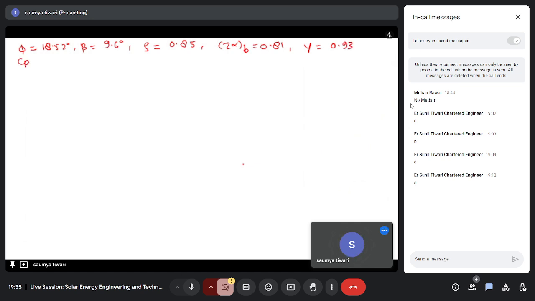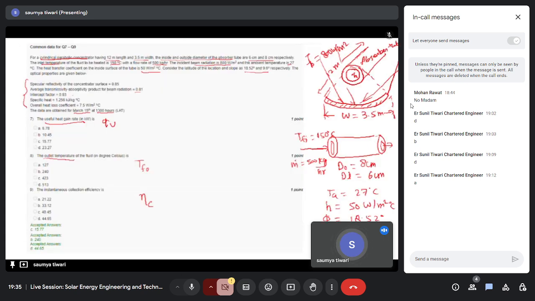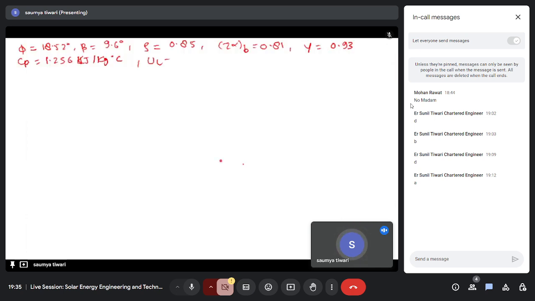Cp is given as 1.256 kilojoule per kg per degree Celsius. The overall heat loss coefficient is given as 7.5 watt per meter square per degree Celsius.